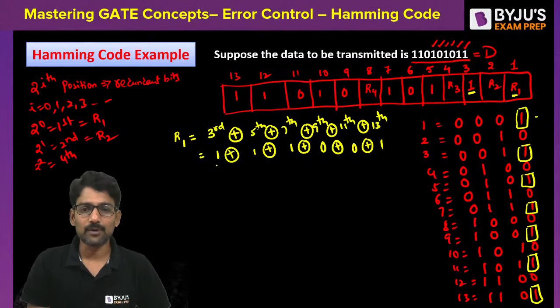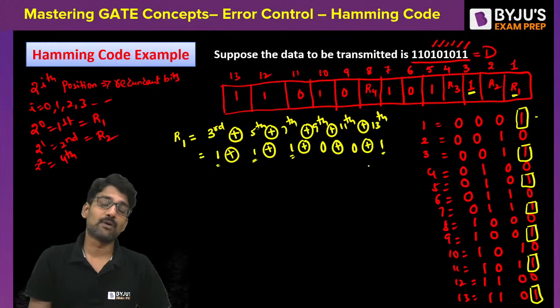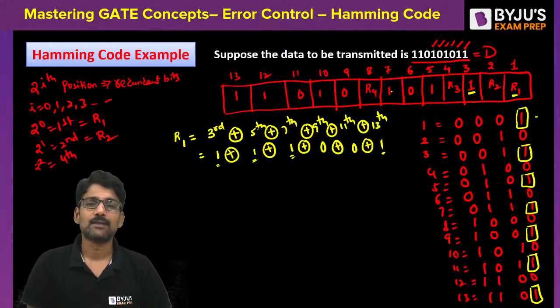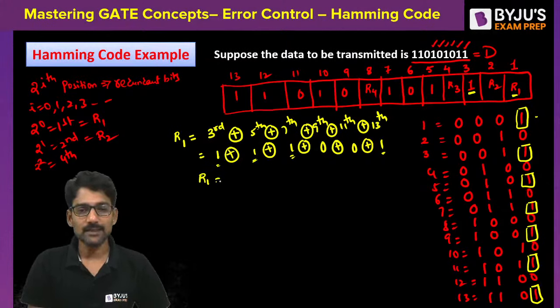Now count the number of ones: 1, 2, 3, 4, an even number of ones. When there is an even number of ones, XOR gives output 0. So R1 is 0.